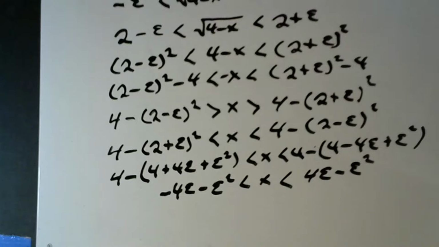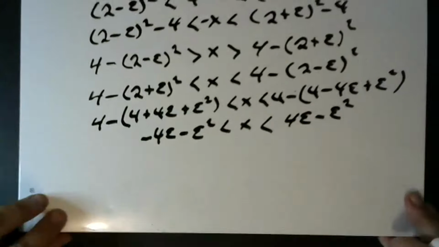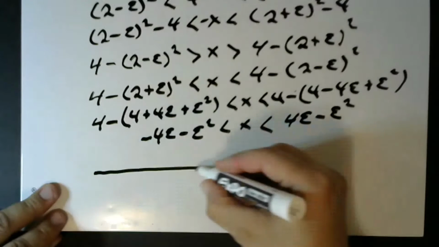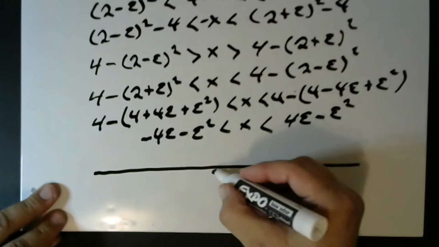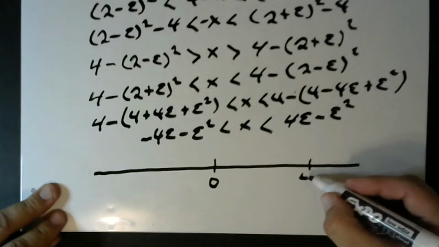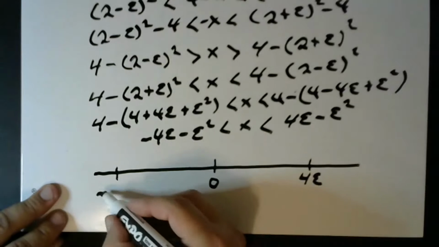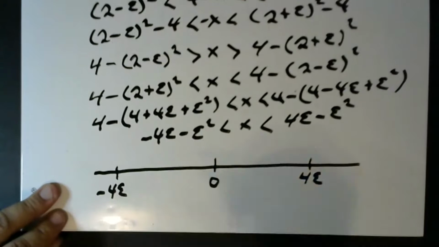Now, what can we do at this point? Well, this is where we can draw our x-axis and take a look at what's going on here. So here's 4 epsilon. Here's minus 4 epsilon.